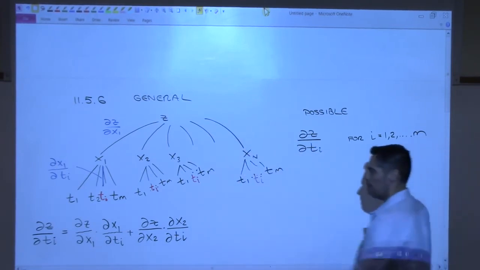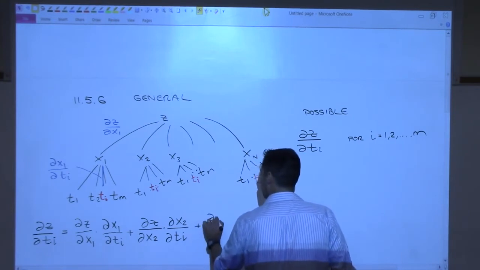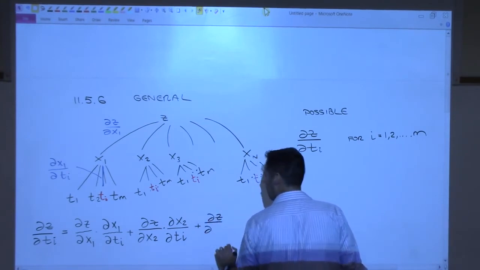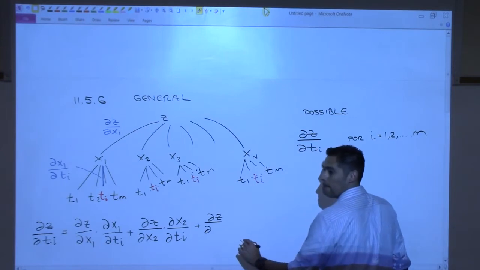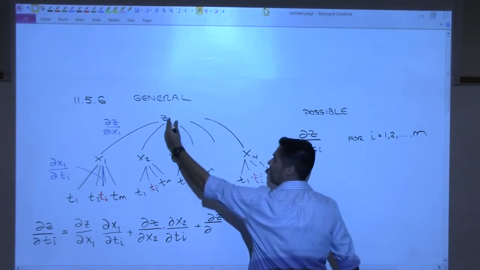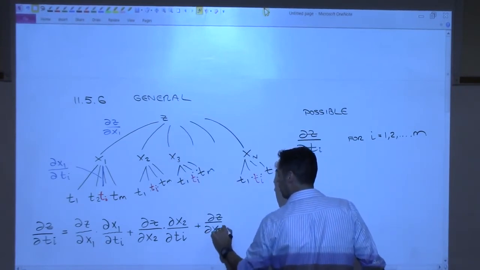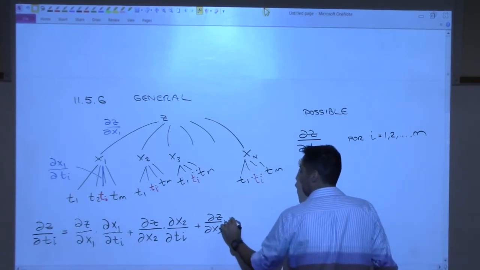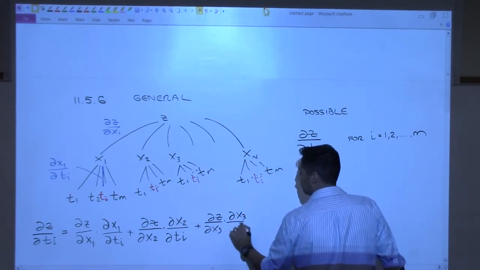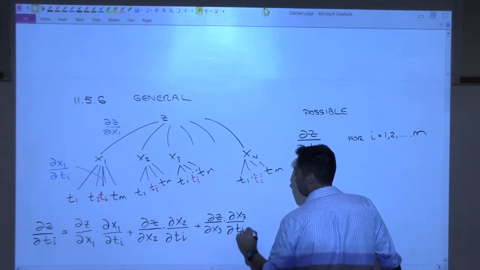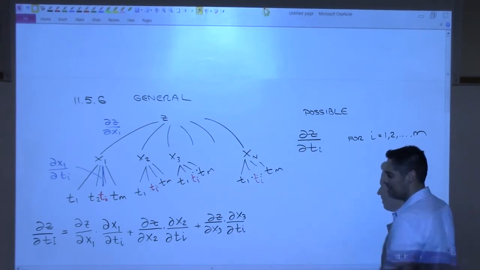Do another one. Plus partial z with respect to x3. So I'm coming down this one now. x3 times partial x3 with respect to ti, right?